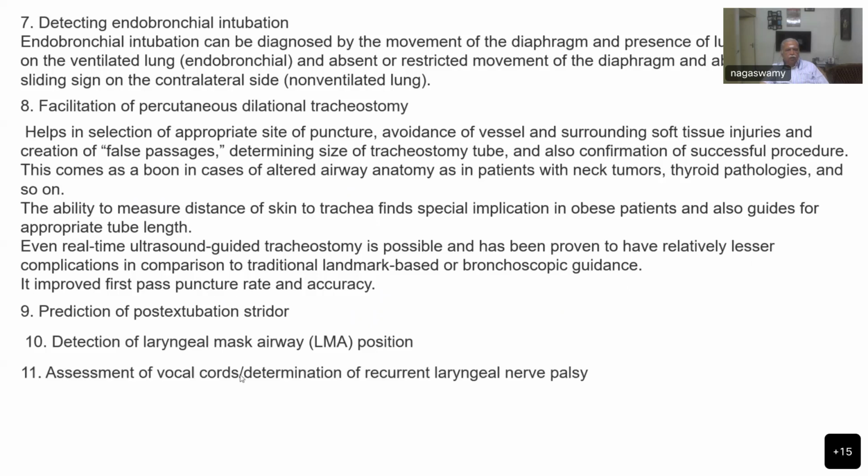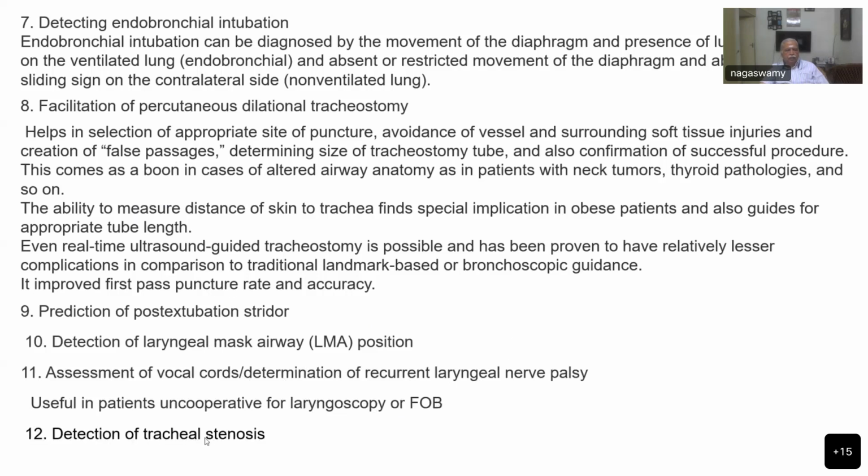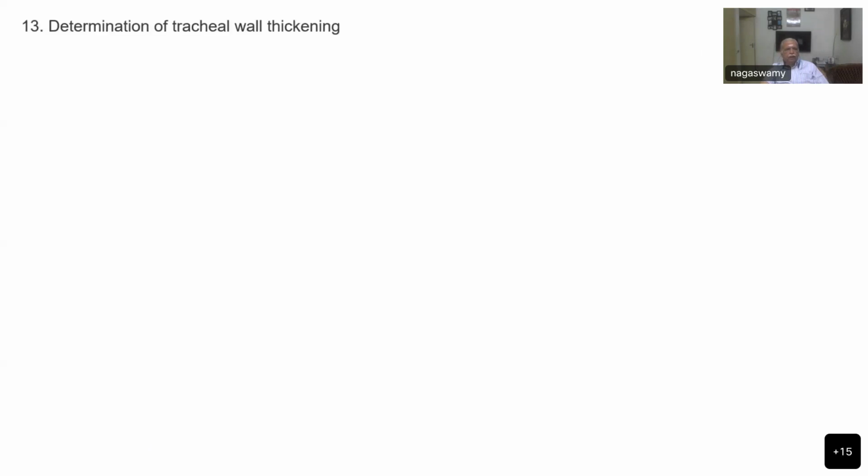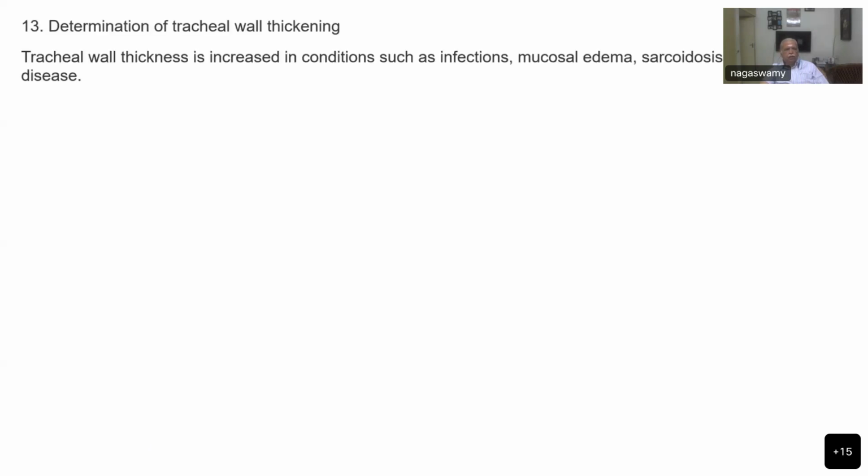And assessment of vocal cords, determination of recurrent laryngeal palsy, which is useful in patients who are uncooperative for laryngoscopy or fiber optic bronchoscopy. And you can detect tracheal stenosis in patients who have been on tracheostomy or long-term intubation. And determination of tracheal wall thickening.